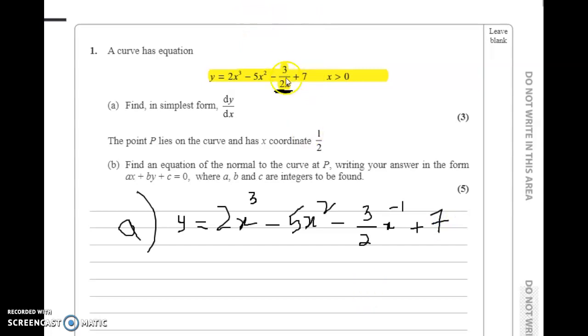Now the x was below in the function, and now x is above, so the minus sign will appear here, and now I'll differentiate it.